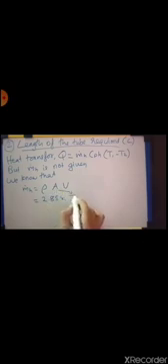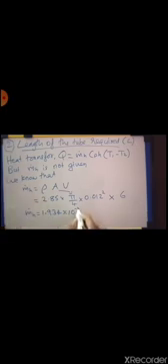and we know that mass flow is given by the equation rho into A into V, where rho is the density, A is the cross-sectional area, and V is the velocity. Density is given as 2.85 over here, and the area A is equal to pi by 4 into d square.